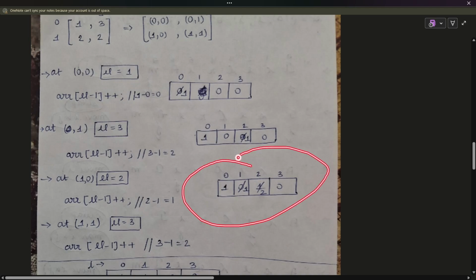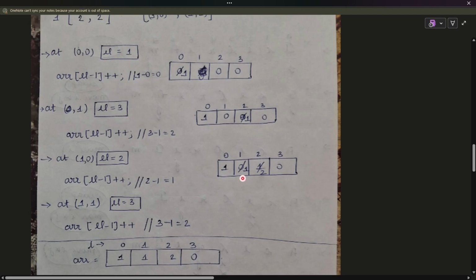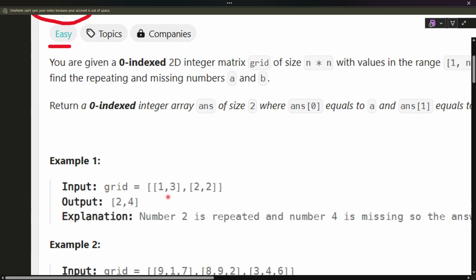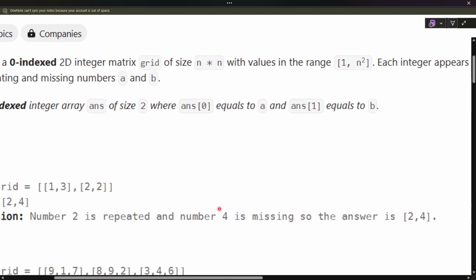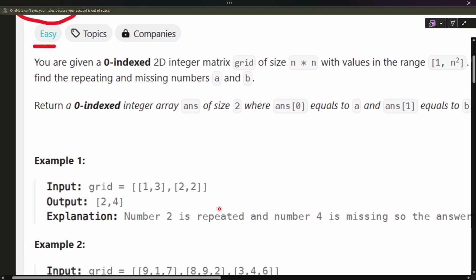Okay, so here we can understand, we are calculating the frequency here, right? There is some issue here. I have done some miscalculation, because 4 is the missing number and 2 is the repeated number.